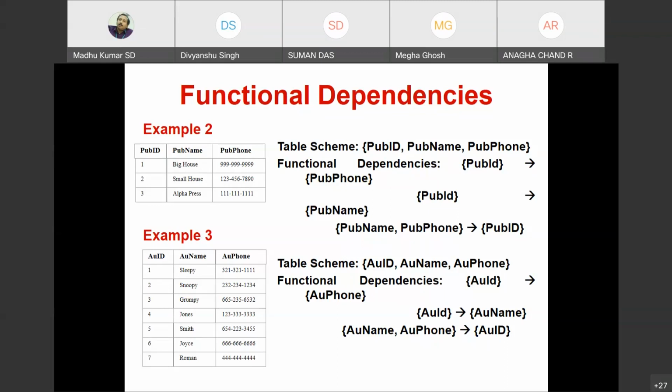Such things are explained formally using functional dependency. As I have said, semantics of the data are expressed in terms of dependencies. It can be either functional dependency, or multi-value dependency, or even join dependency.